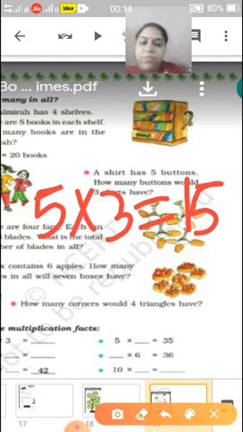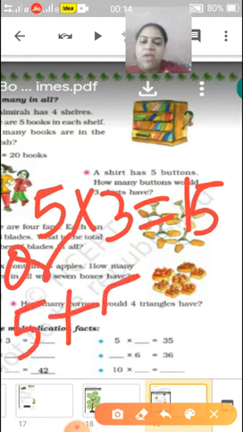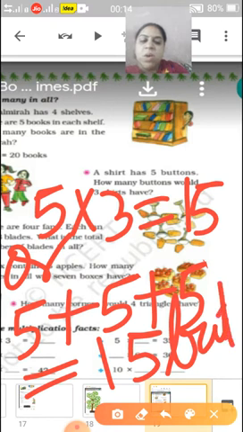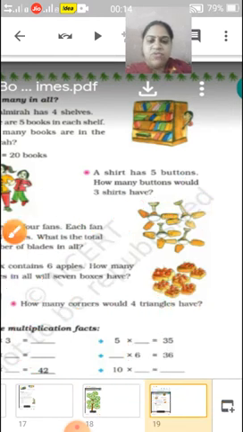Okay children, or you can write this as 5 plus 5 plus 5 is equal to 15 buttons in all 3 shirts. Okay, now come to next question.